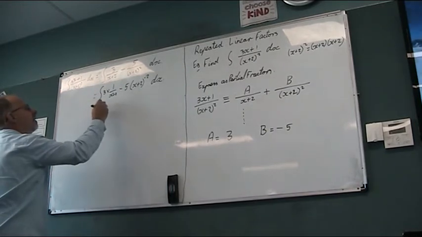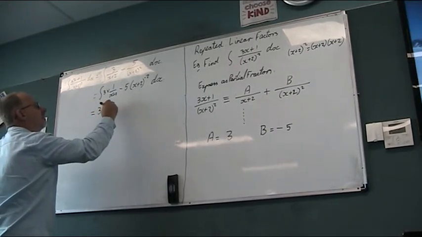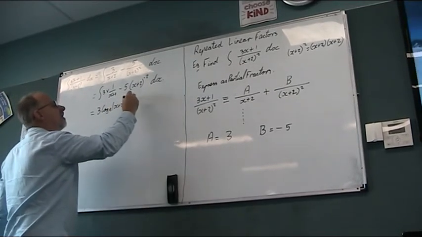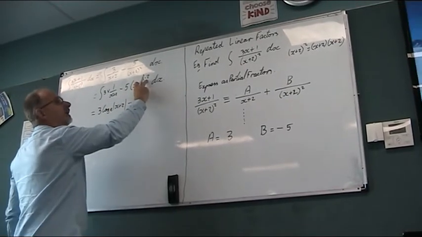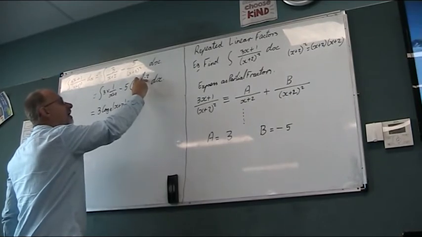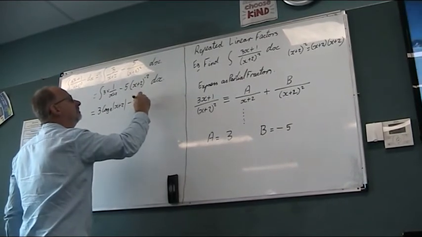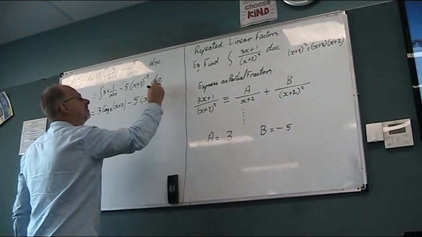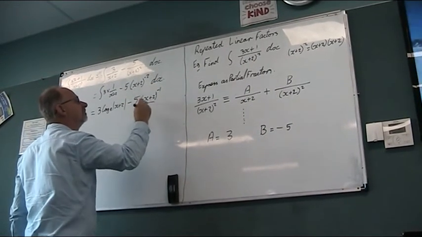So this is 3 log to the base e of x plus 2, minus 5, increase the power, divide by the new power.